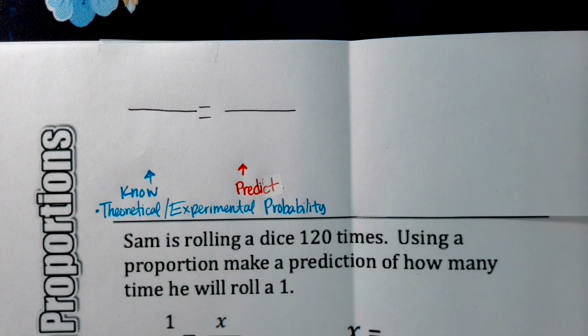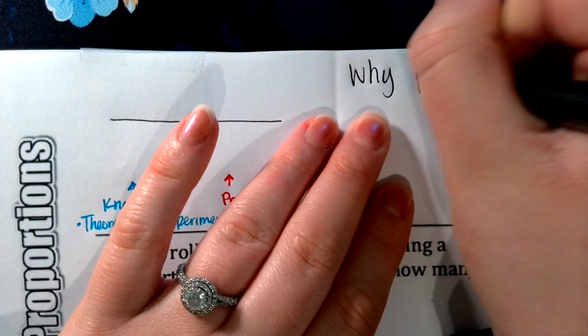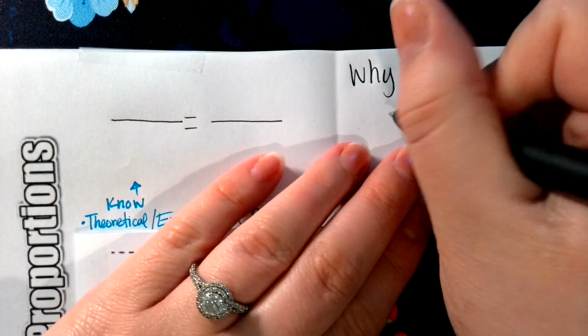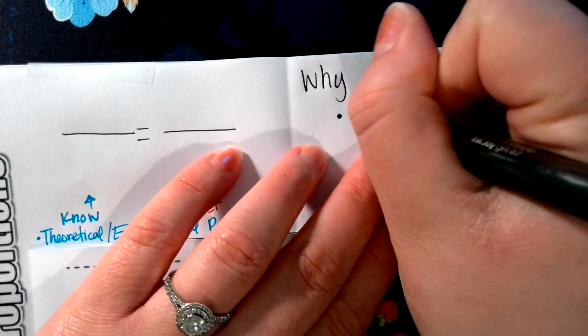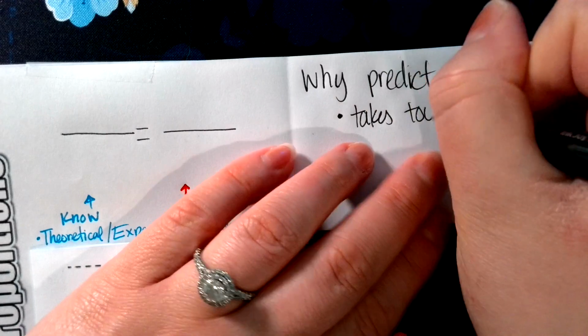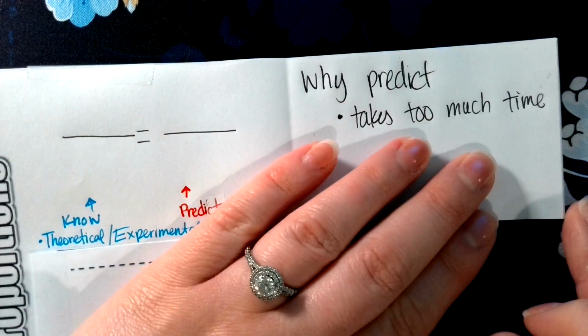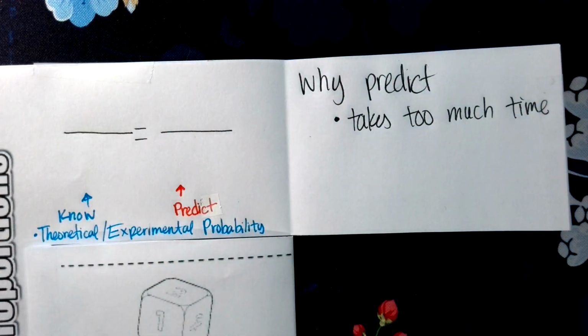Okay. So there's a few reasons why we predict. Sometimes people predict because it takes too much time. Sometimes you want to do something a lot and it takes way too much time to go around and maybe survey the whole school as opposed to just surveying the 7th grade math students.